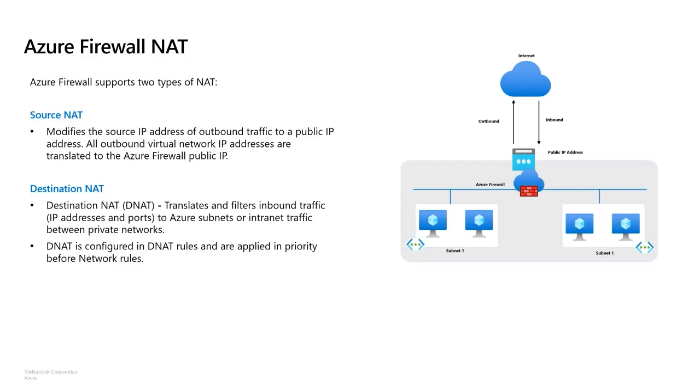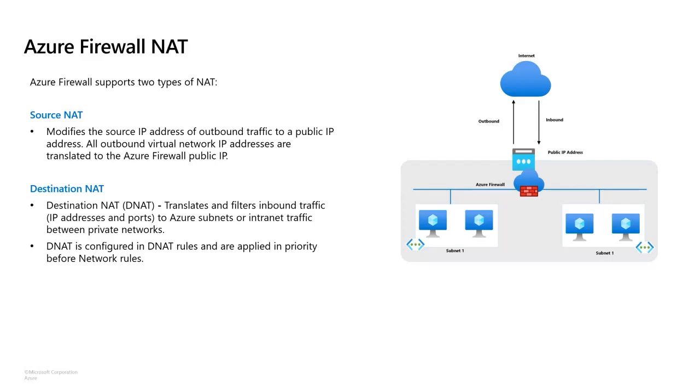Azure Firewall has support for two types of NAT. The first one is source NAT, and then we have destination NAT. Source NAT will modify the source IP addresses of outbound traffic to a public IP address, the public IP address of Azure Firewall. So all outbound virtual network IP addresses are translated to the Azure Firewall public IP.